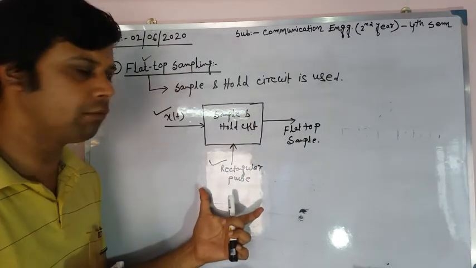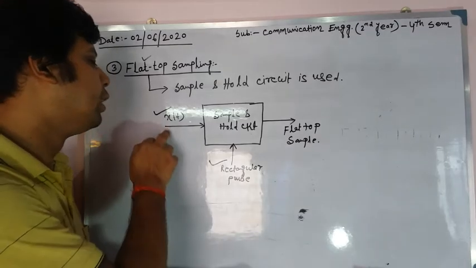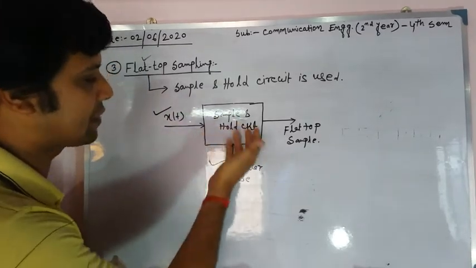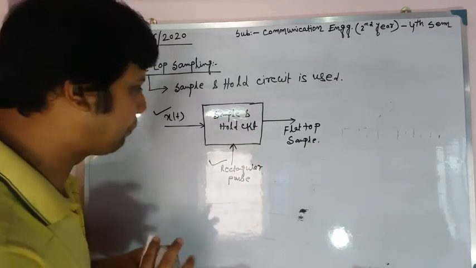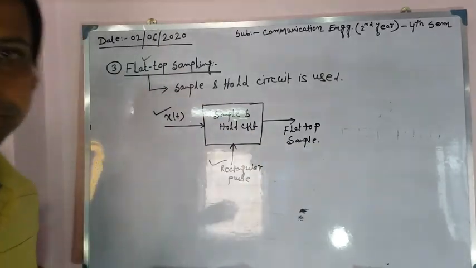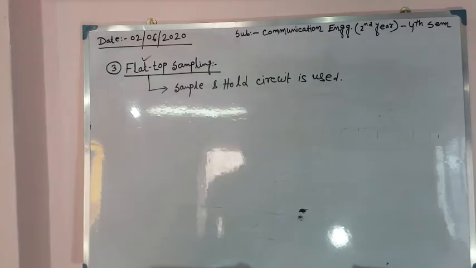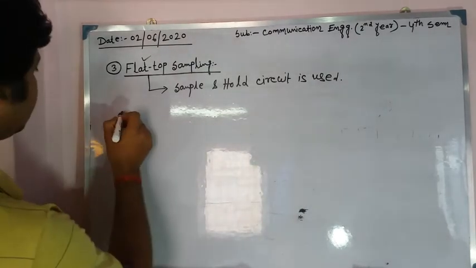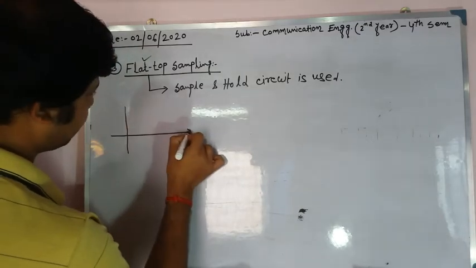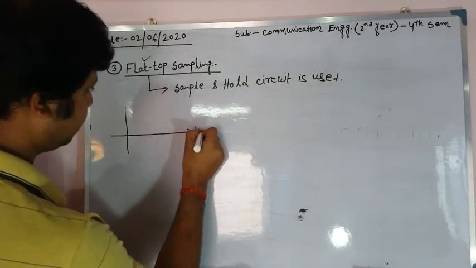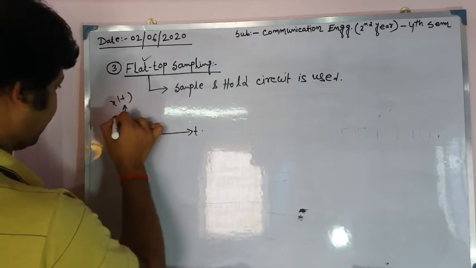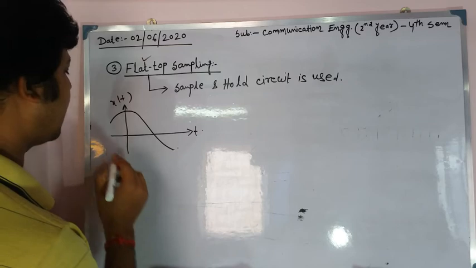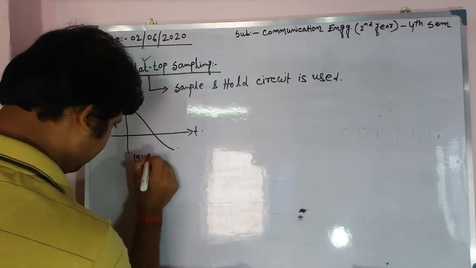This is the block diagram of the sample and hold circuit, where two input signals are applied to the sample and hold circuit, and the output of the sample and hold circuit is the flat top sample. Here this is the baseband signal x(t).